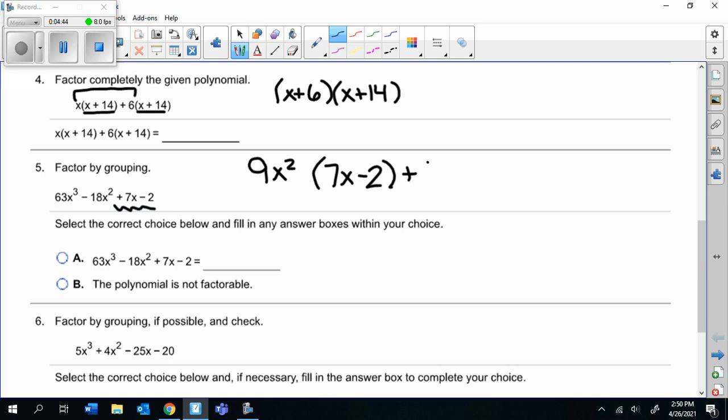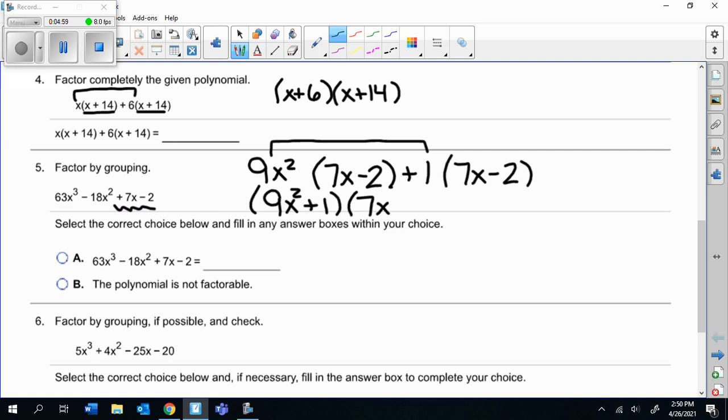So we need 1 here as a placeholder. So 7x minus 2. And then just rewrite it. So those 2 go together. 9x squared plus 1, and 7x minus 2. All right, so you write that there in the A spot.